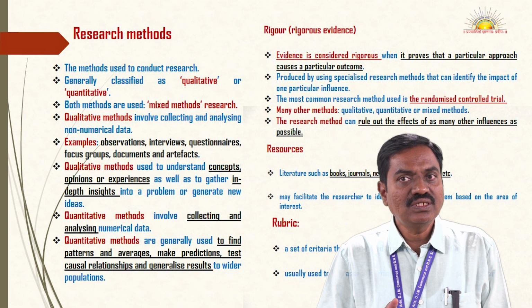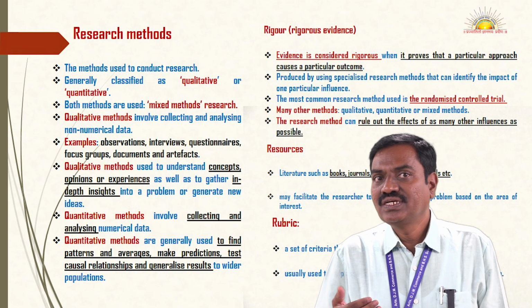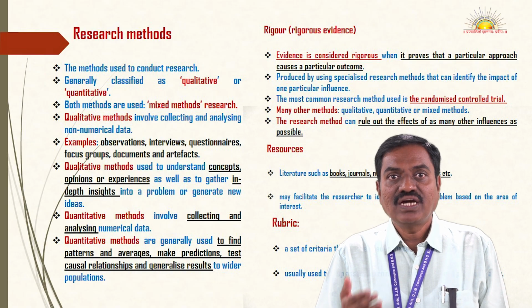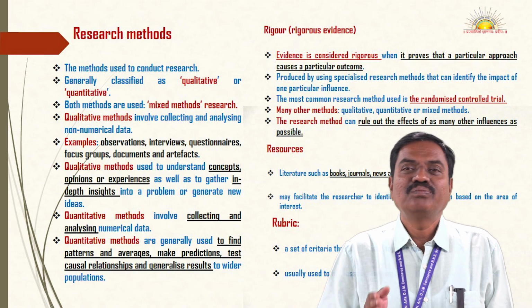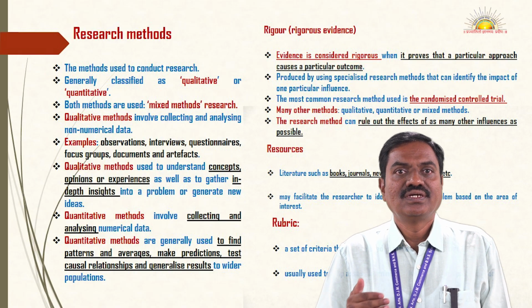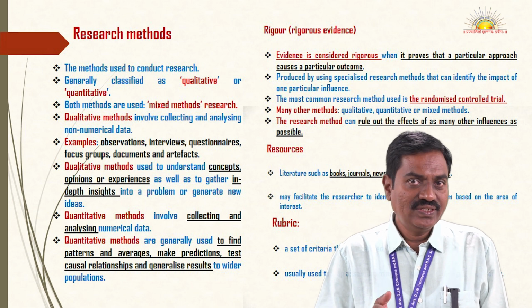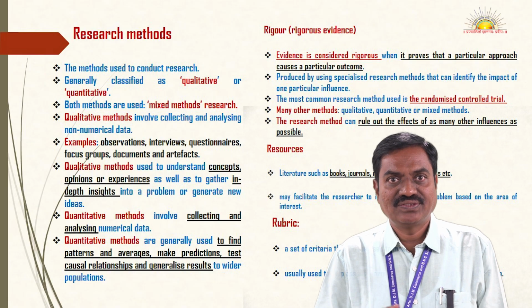The most common research method used to produce rigorous evidence is the randomized controlled trial. However, there are many other methods that can produce rigorous evidence, whether qualitative, quantitative, or mixed methods.